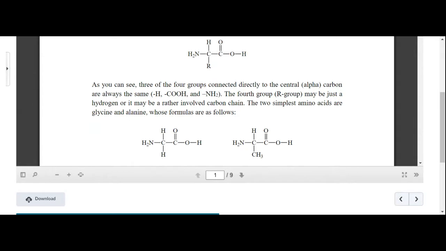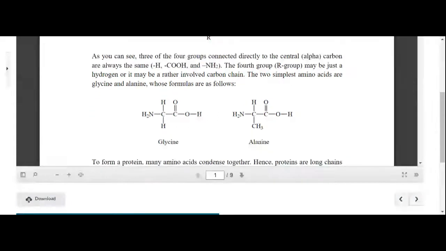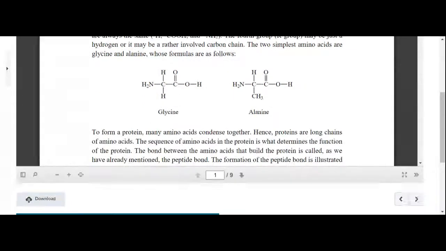If the R group is another carboxylic acid, then the amino acid is going to be acidic. If the R group has any basic functional group like nitrogen, then your amino acid is going to be basic. So what do you think of glycine and alanine? Are these neutral, acidic, or basic, these two?